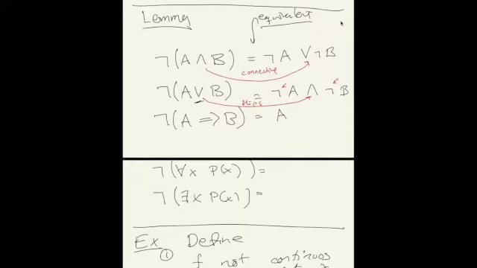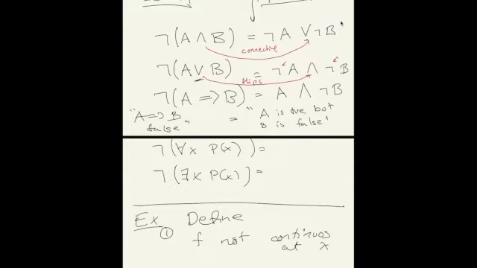So the negation holds when A and not B. And I like to say this often as A is true but B is false. This is the same thing as saying that A implies B is false.